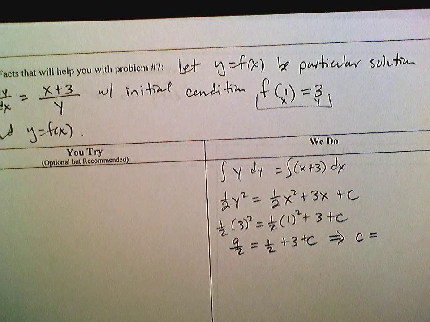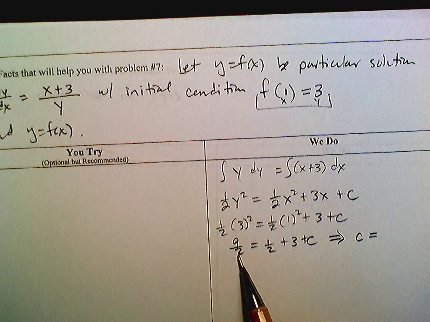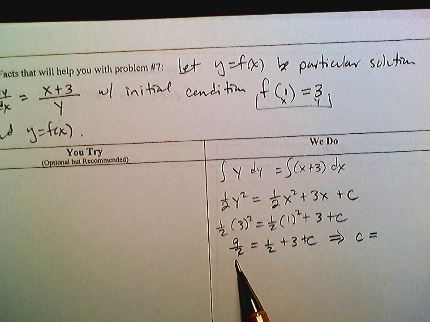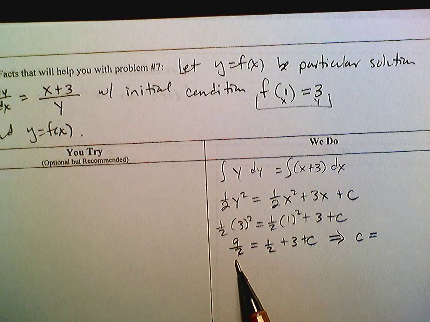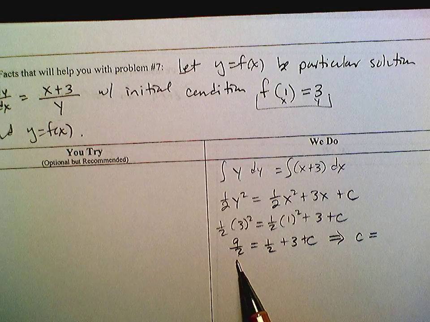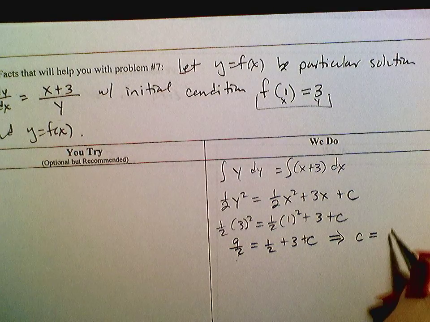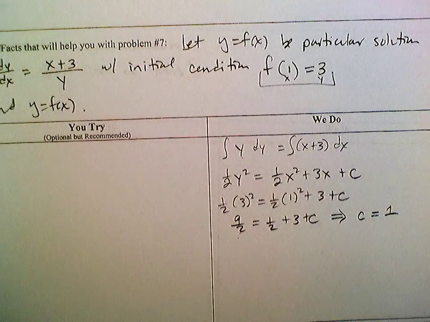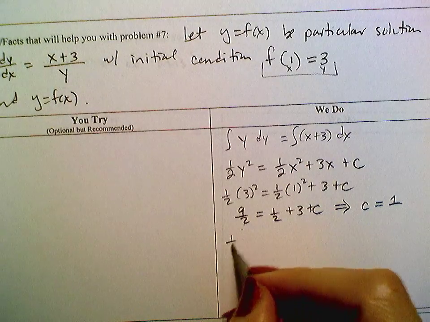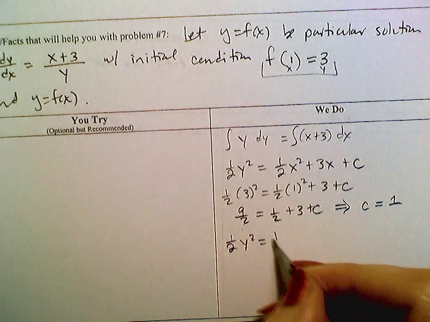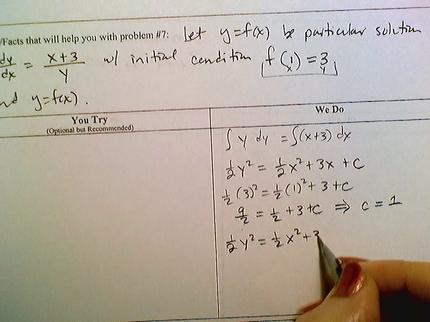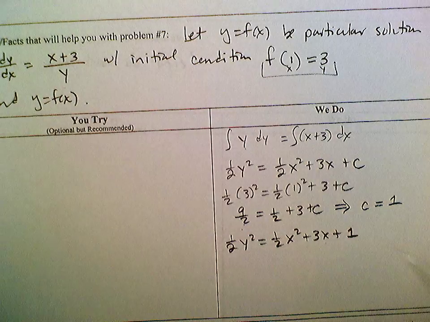And then we get c: you subtract 1/2 and you get 8/2, so that becomes 4. And then you subtract 3, so you get that c equals 1. Okay, so this is 1/2 y squared equals 1/2 x squared plus 3x plus 1.